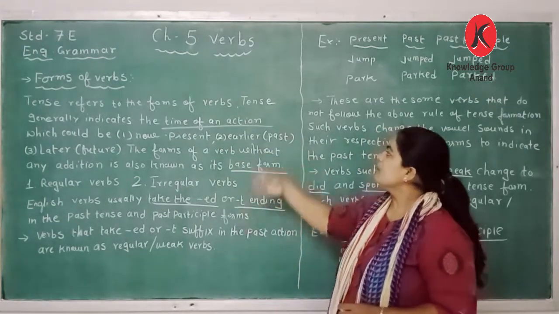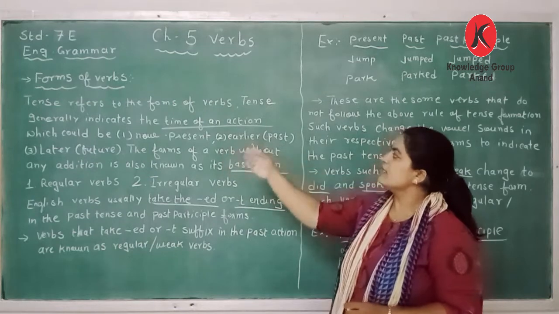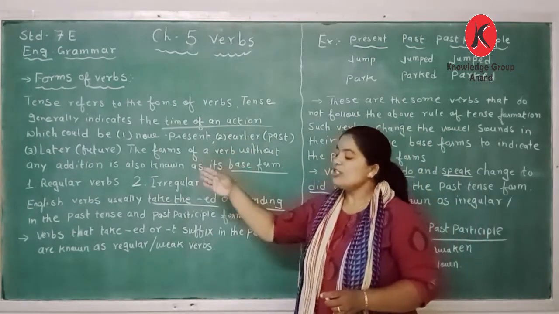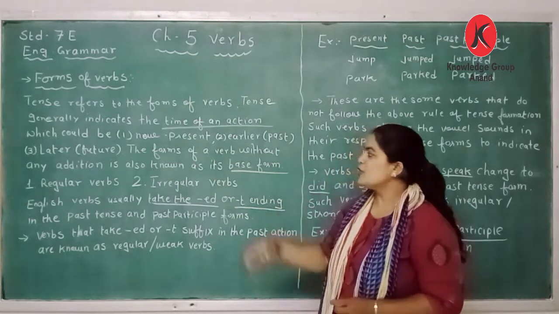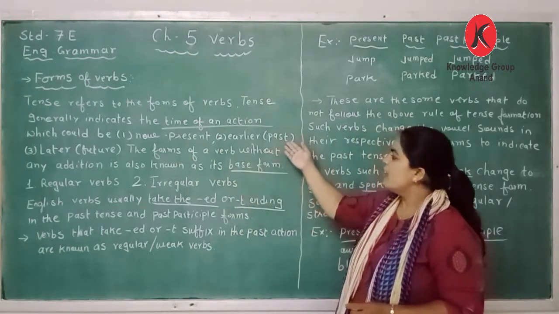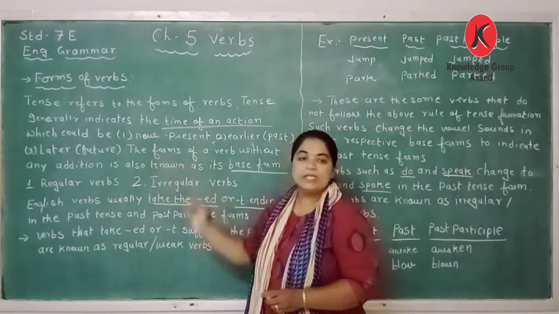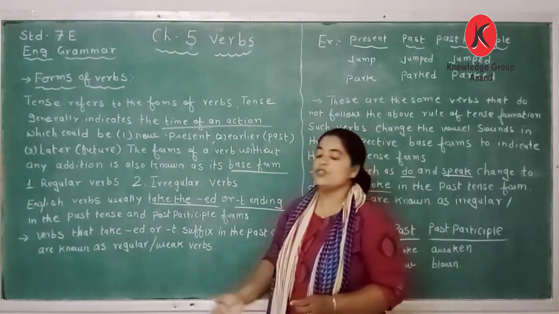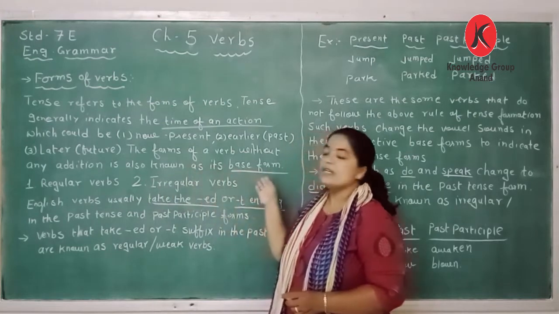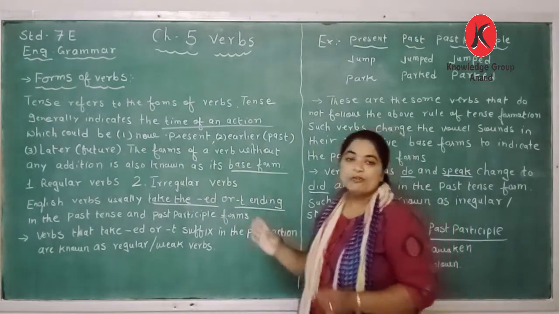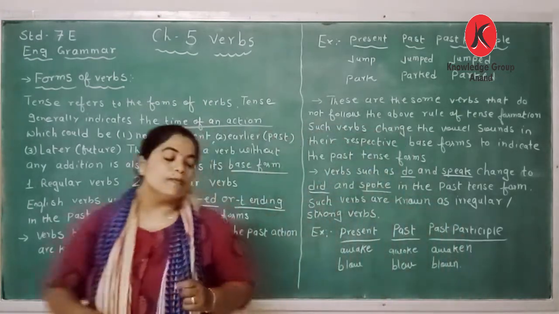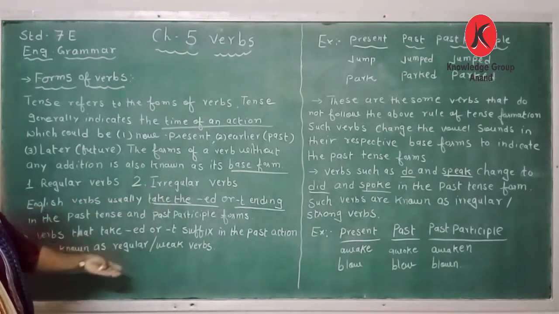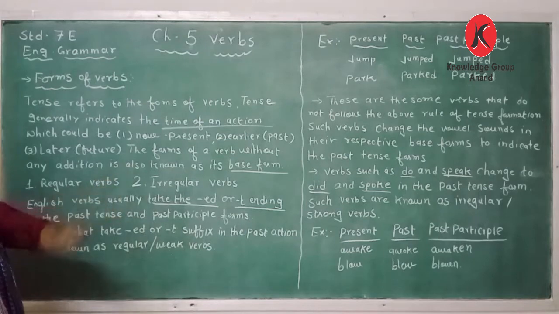Tense generally indicates the time of an action, which could be now meaning present, earlier meaning past, and later meaning future. And the form of a verb without any addition is also known as its base form. So there are two types of verbs: regular verbs and irregular verbs, that we are going to look at further.